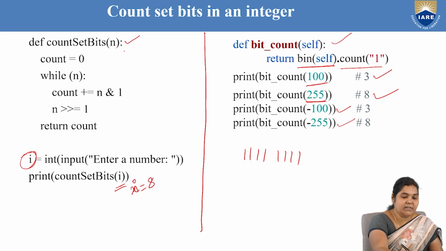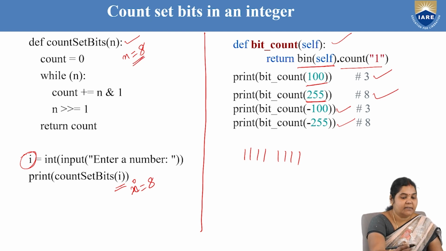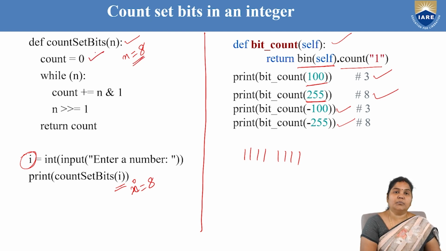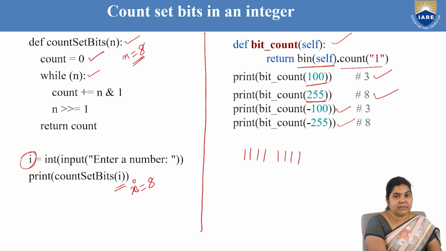Here we store the same number into n, so n is equal to 8. We initialize a counter, which is initially 0. Till the number becomes 0 the while loop is true, and 8 is not 0.